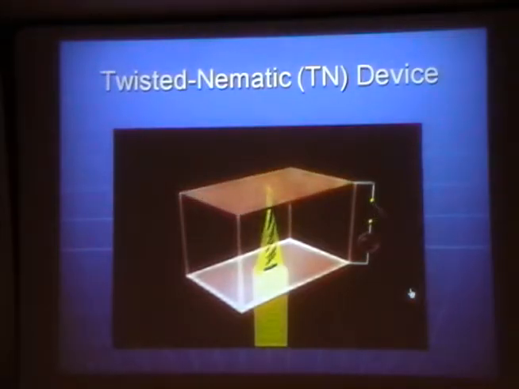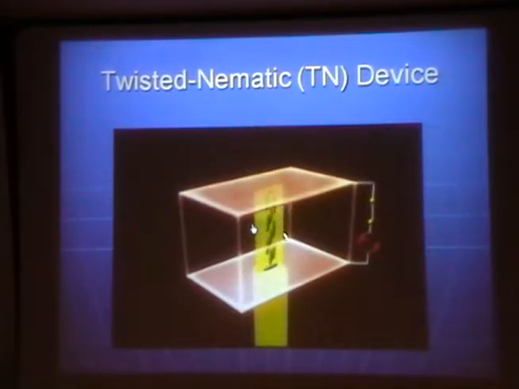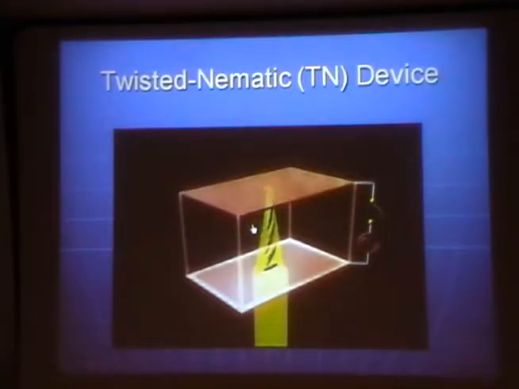And so applying an electric field, the twisted liquid crystal, which is achiral, but twist is induced by the action of two constrained surfaces, undergoes a transition from a twisted state to a vertical state that changes the propagation of polarized light.